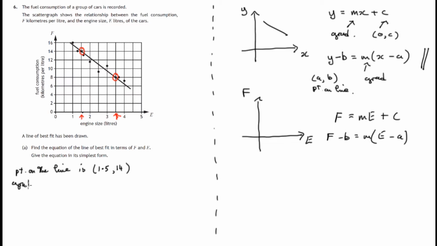So that's the coordinates of a point on the line. Next we have to find the gradient of the line. And that's not so straightforward. We do have the coordinates of 2 points on that line, and there is a result that says if we have a point (x1, y1) on the line and a point (x2, y2) on the line, then the gradient of that line will be the y difference, y2 minus y1, over the x difference: the difference of the y coordinates divided by the difference of the x coordinates.